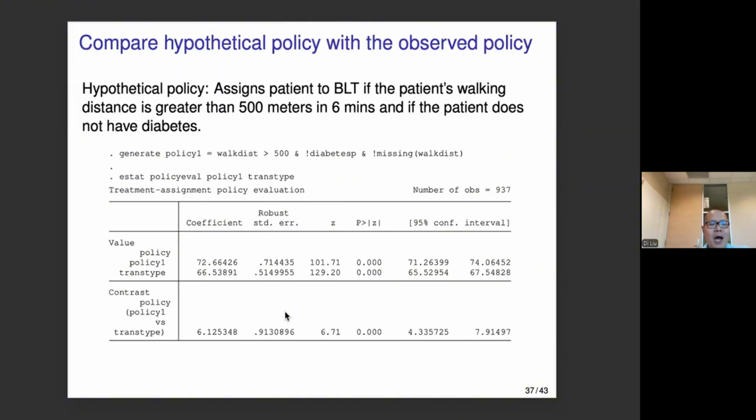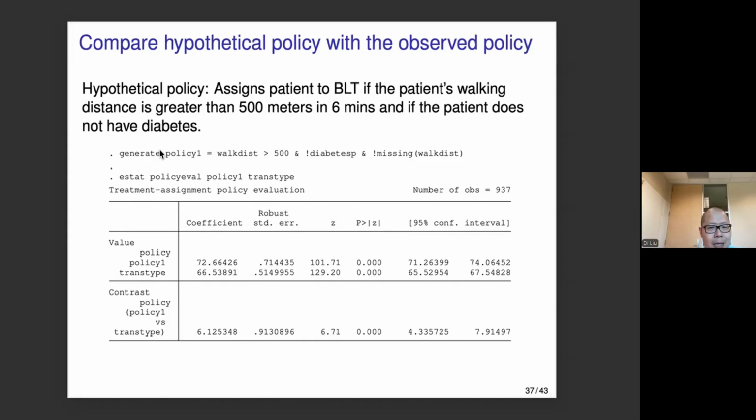Now we can have more interesting hypothetical policies. We want to compare another treatment assignment policy with the observed policy. The observed policy actually happened in the data, which is indicated by trans type, and is realized by the doctor.